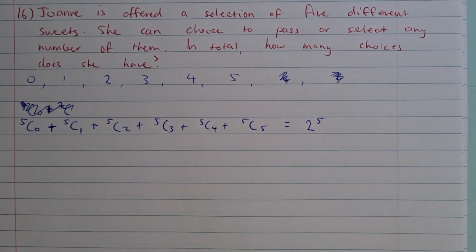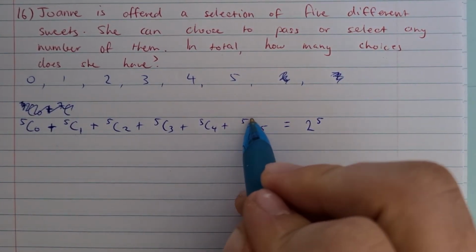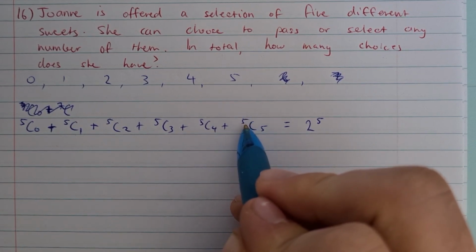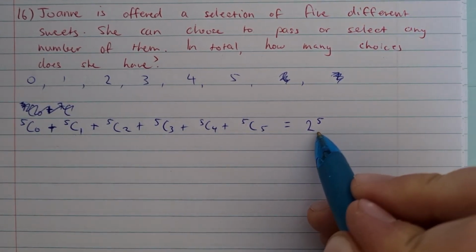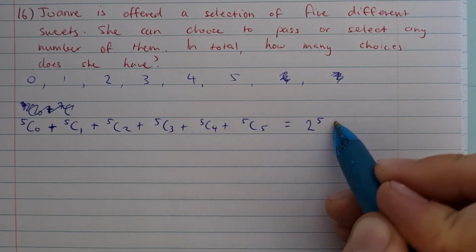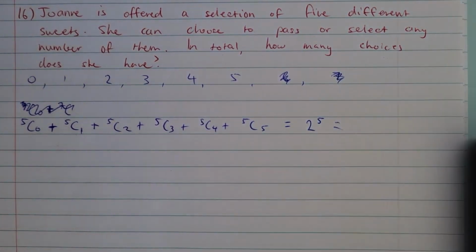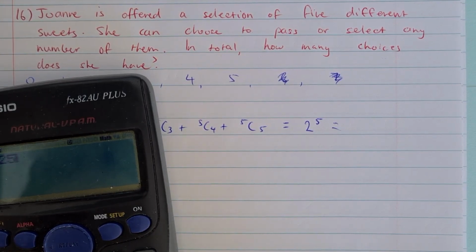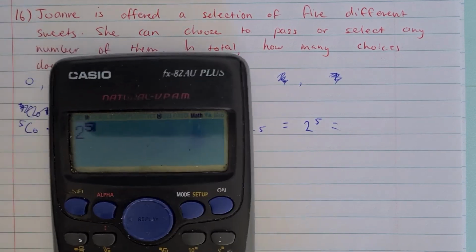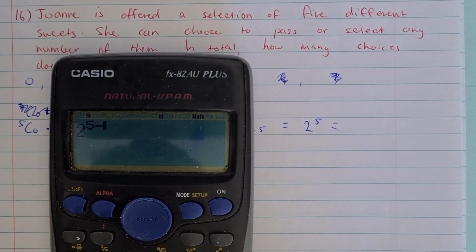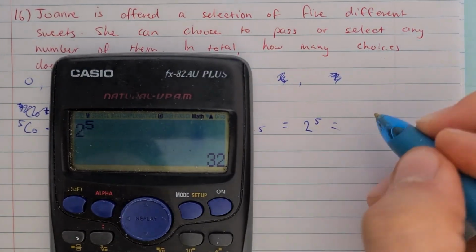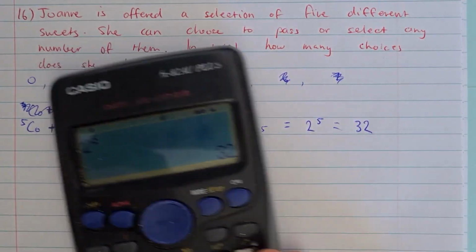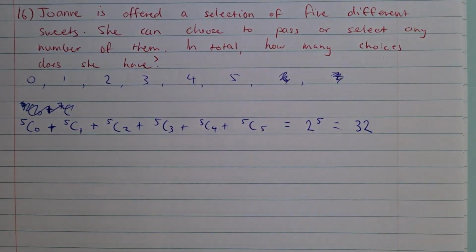So she has 5 different sweets to choose from, so it becomes 2 to the power of 5, which is 32. So there are 32 different choices she has in total.